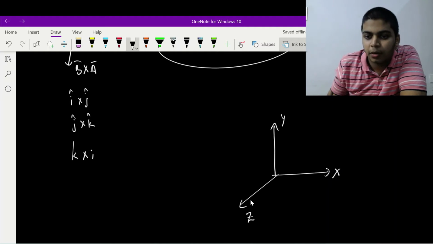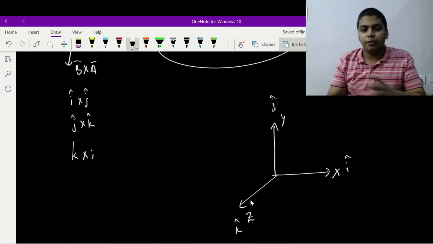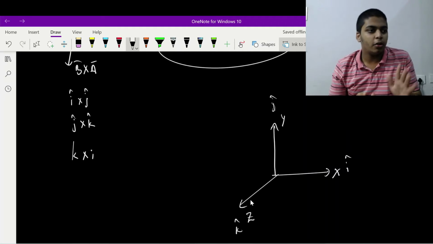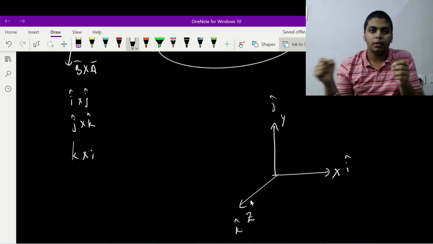Your i is directed towards x, your j towards y and your k towards z. If you want to demonstrate how this works yourself, take a corner of a room and mark i, j and k as three edges of the room.